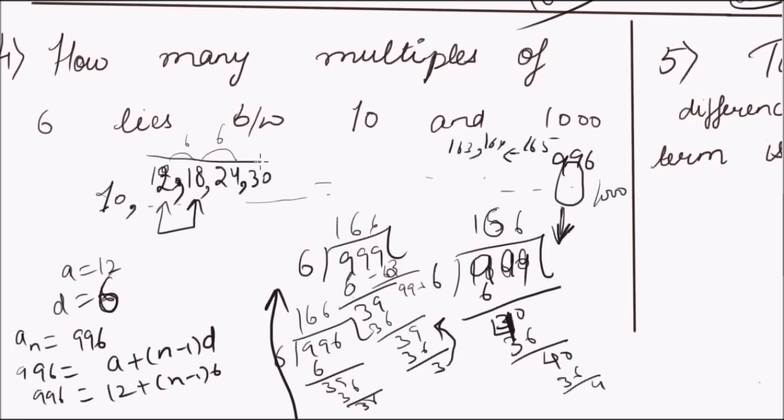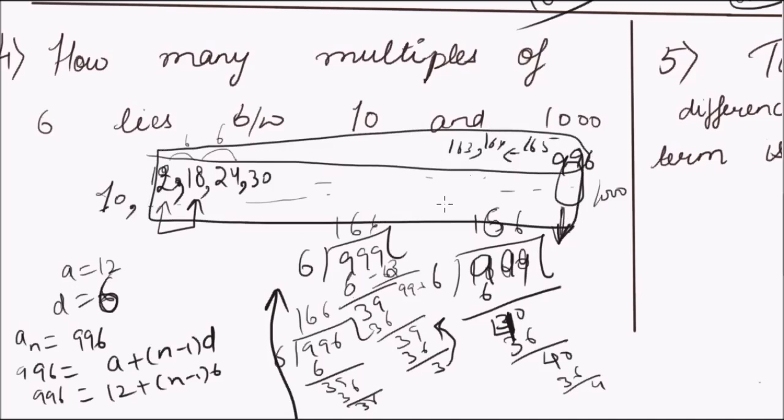So all these numbers will count to 165, that is, the number required is 165, or between 10 and 1000, the multiples of 6 are 165.